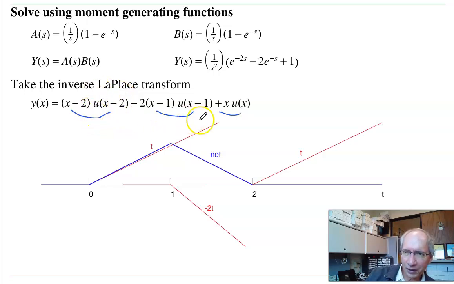Which is, take this guy, this is just t u of t, that's a ramp. At 1, this kicks in, minus 2t, starting at 1. So this is t minus 2t, comes back down. Then at 2, I kick in and add another t. Gives you this. There's your triangle.